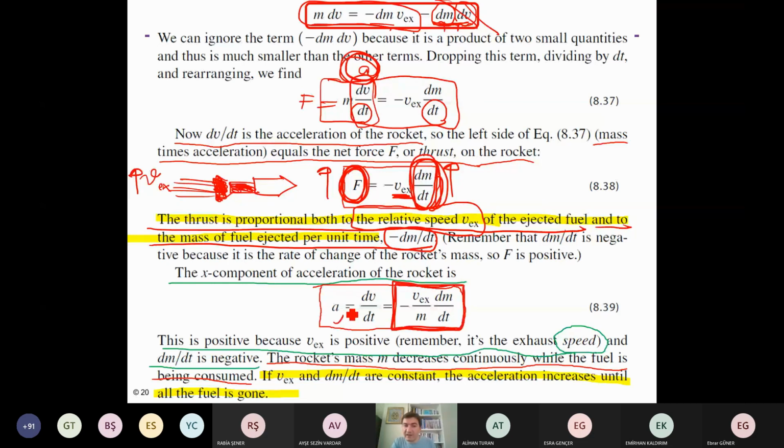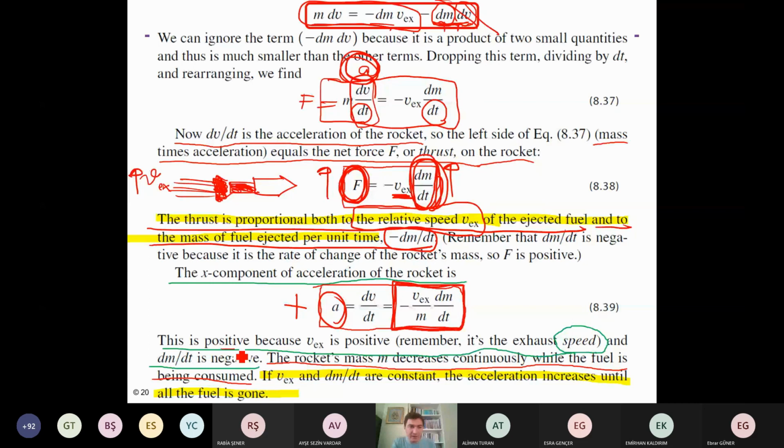Here we have a negative sign, but the acceleration is positive. Why? Because what about this vx? vx is the relative speed of the ejected fuel. It is speed, okay? Then it is positive. I'm just talking about its speed, okay? Not velocity. So it is positive.